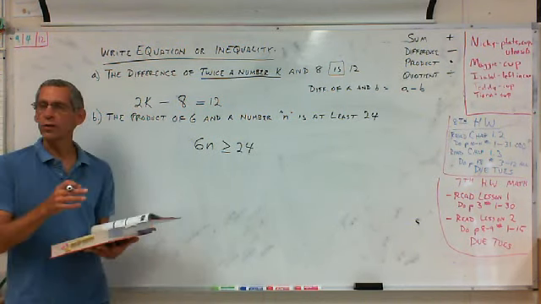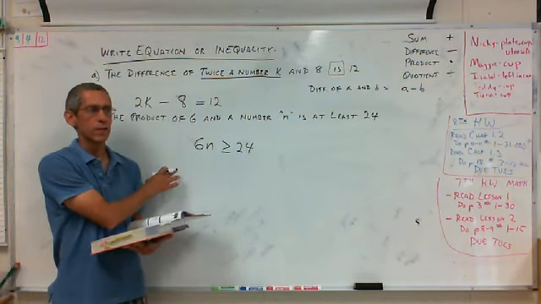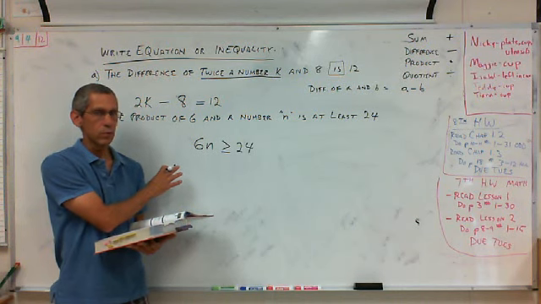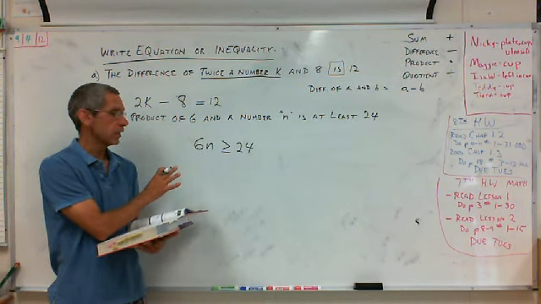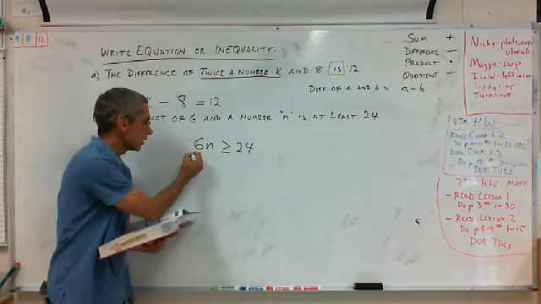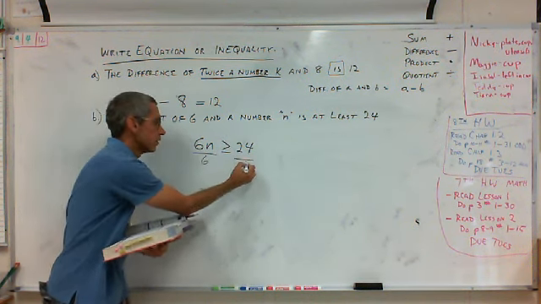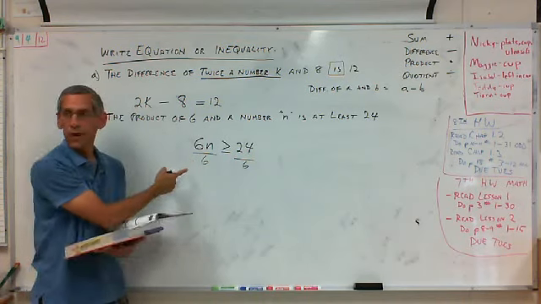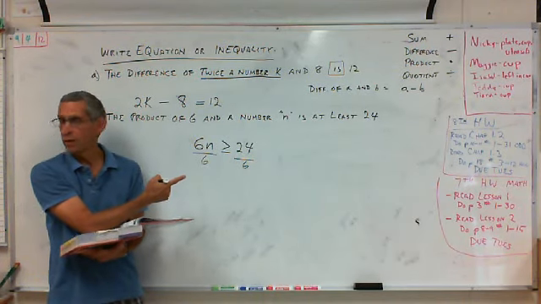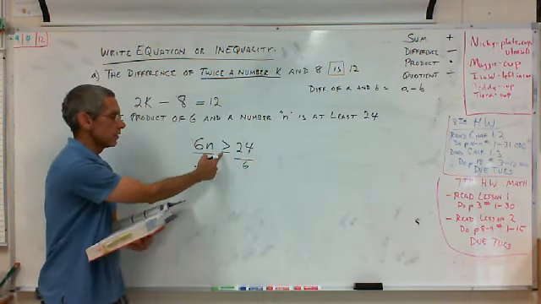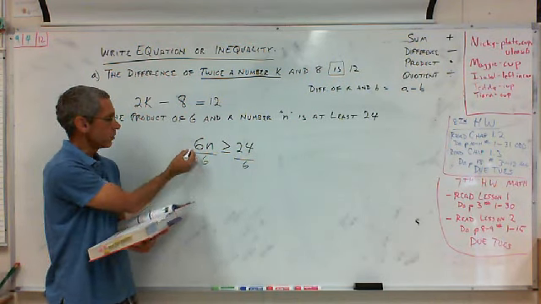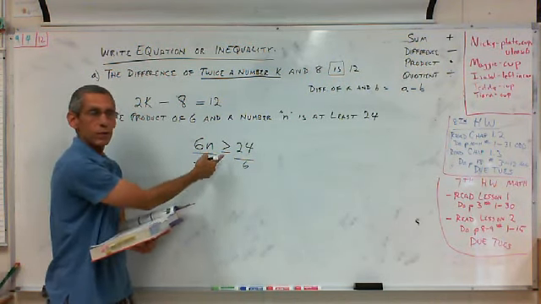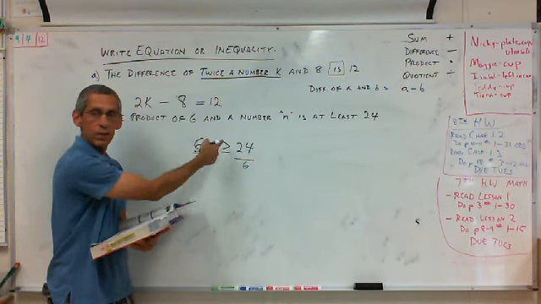What's the rule, though, when you're solving an inequality? Does anybody remember that rule? It's just like solving an equation. I would divide by 6 on both sides. Since I divided by a positive number, there's no problem. It's not going to change the inequality. Had this been negative 6, I would have to divide by negative 6, and when I do that, the inequality sign flips.